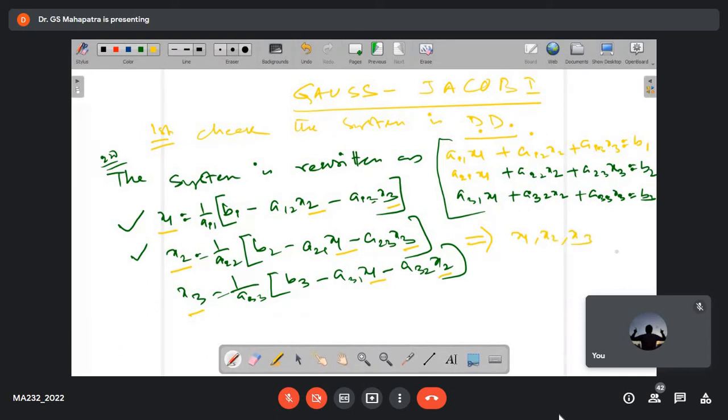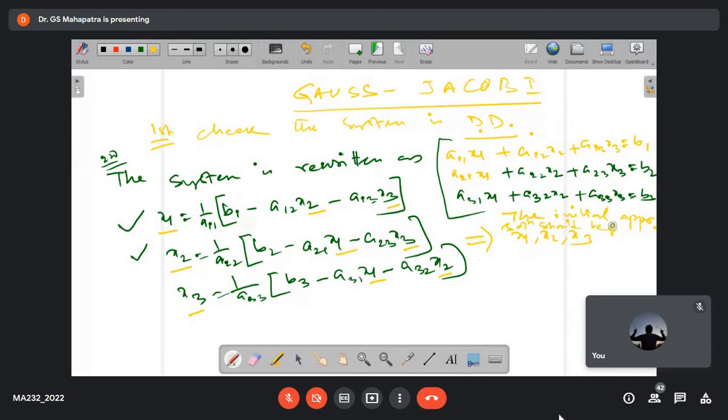So you need the initial approximation, which is called the initial input. The initial approximation solution should be given; let us consider it will be given in the problem. Otherwise, if it is not given, you can choose.